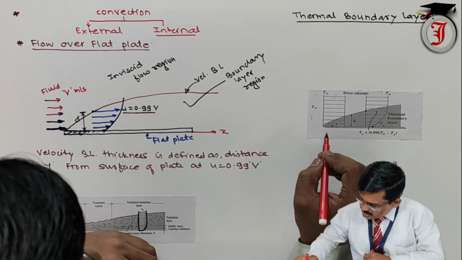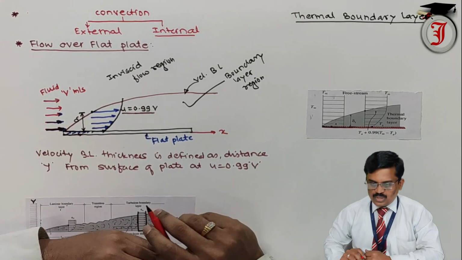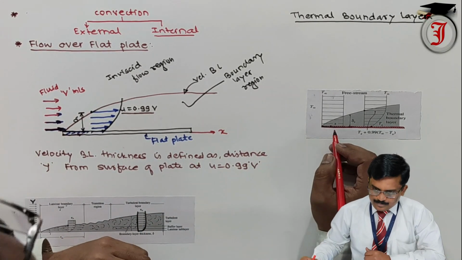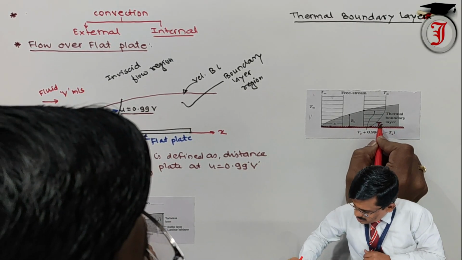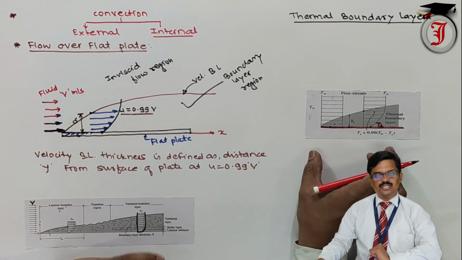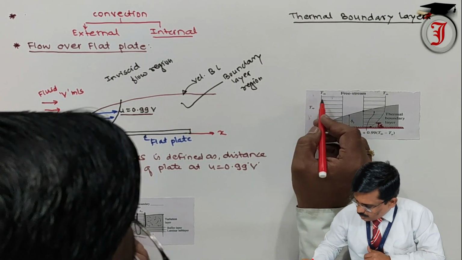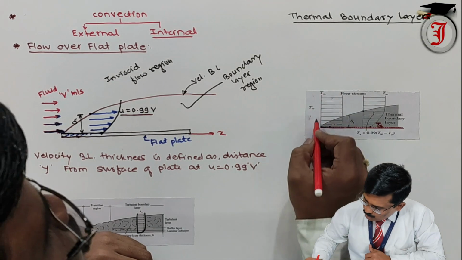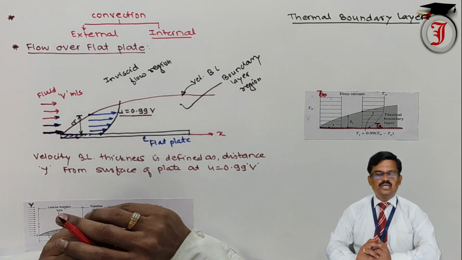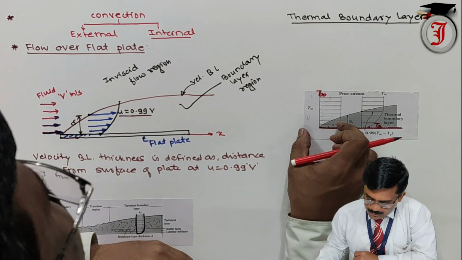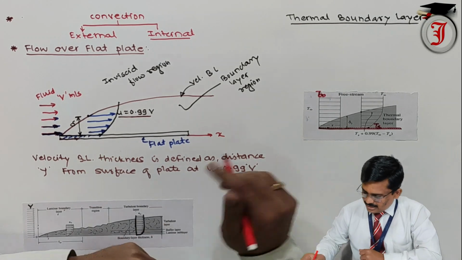So let us consider this is a flat plate, and the surface of the plate is at some temperature Ts, and the free stream fluid is flowing over the flat plate with temperature T infinity.